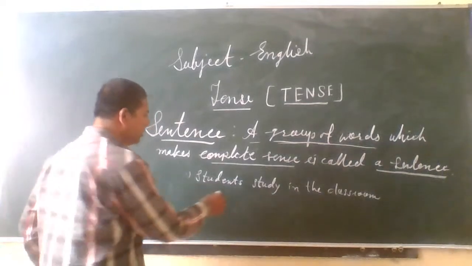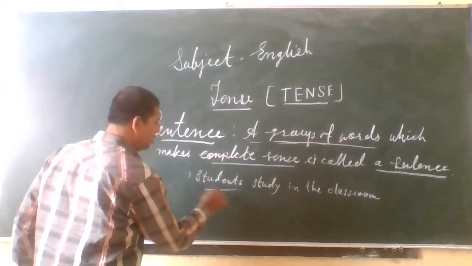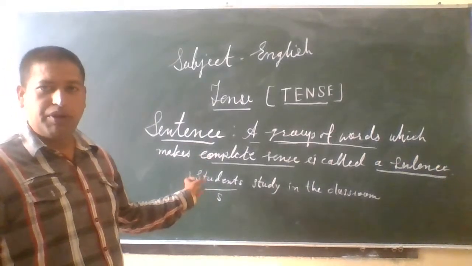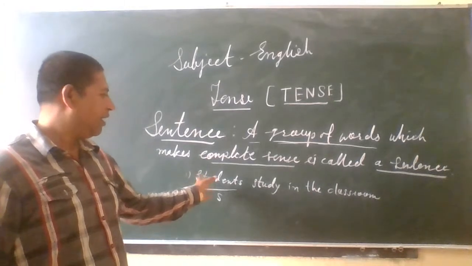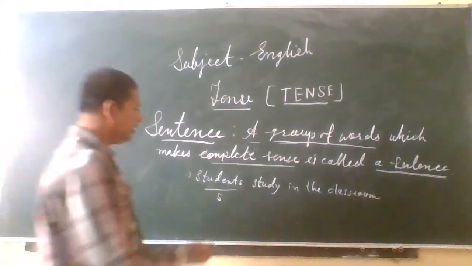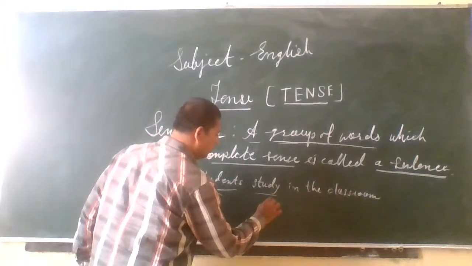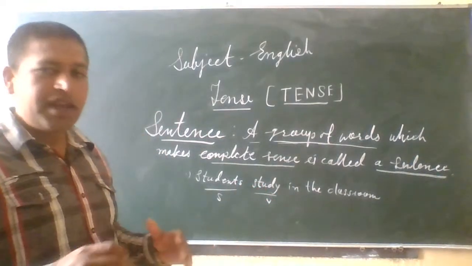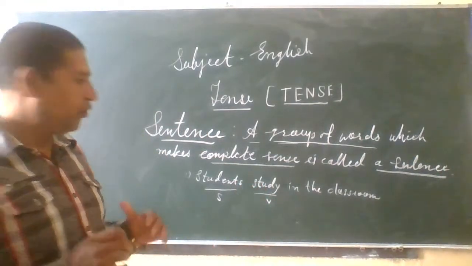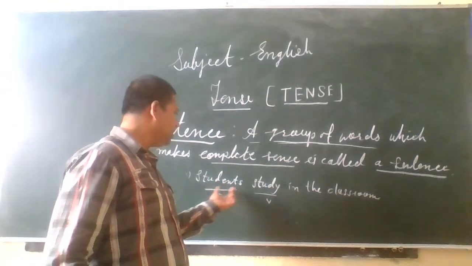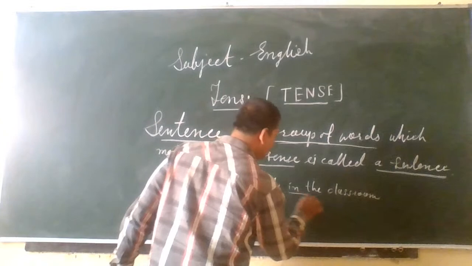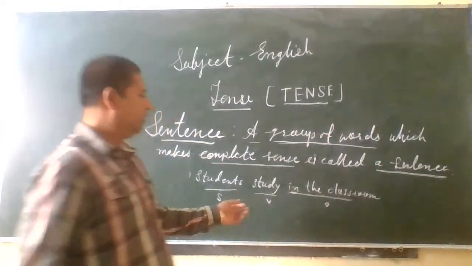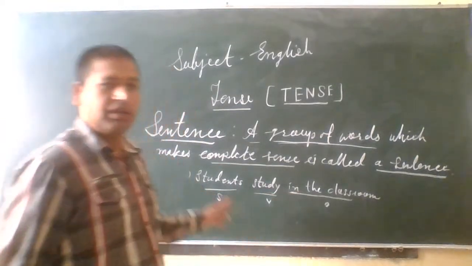So you can understand the subject, because the sentence has started with a particular subject. Study is the verb, because it indicates some action has been done over there. Some procedure has been done. The classroom is the object. So subject plus verb plus object.